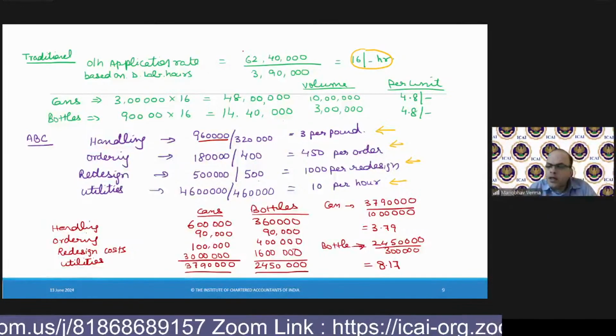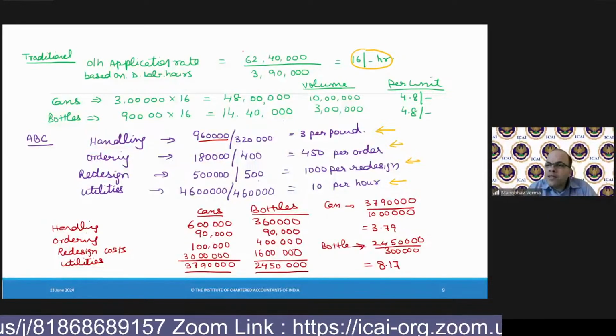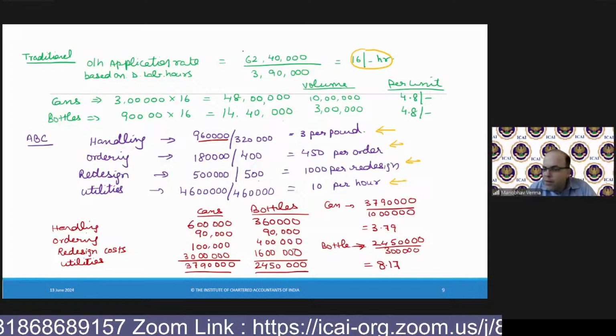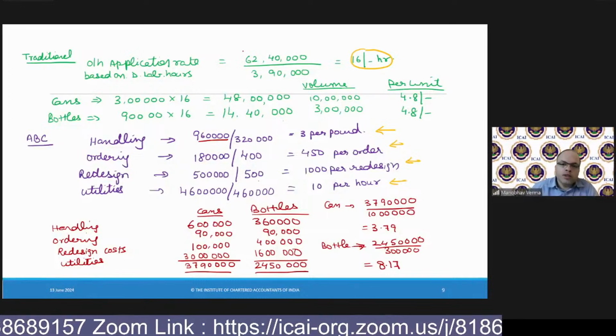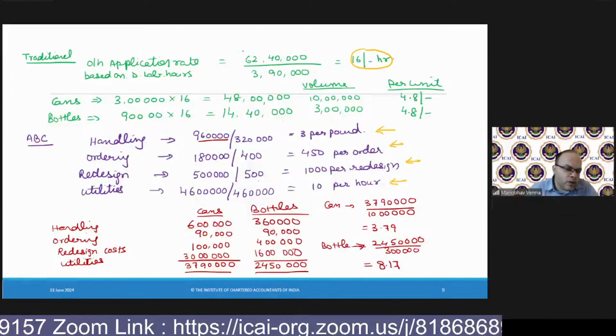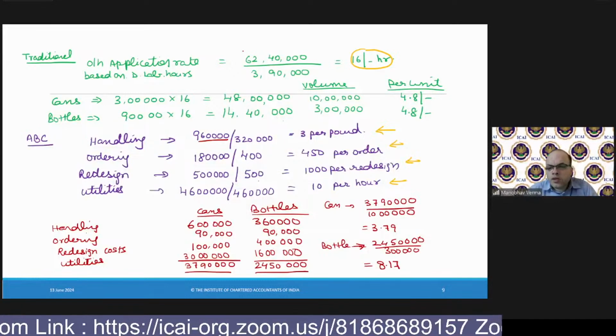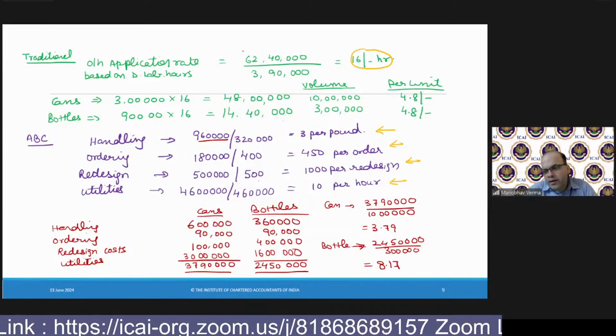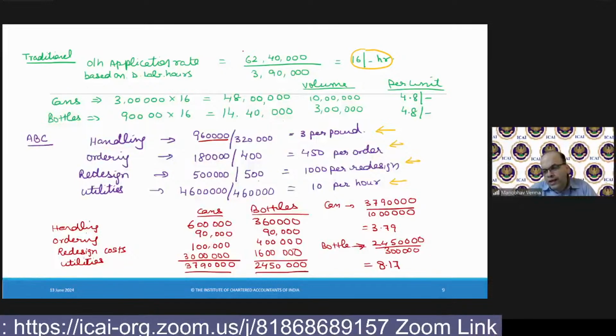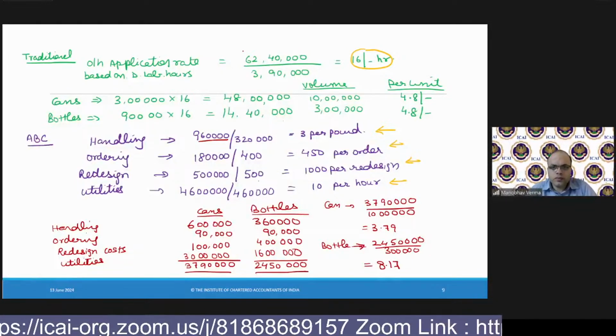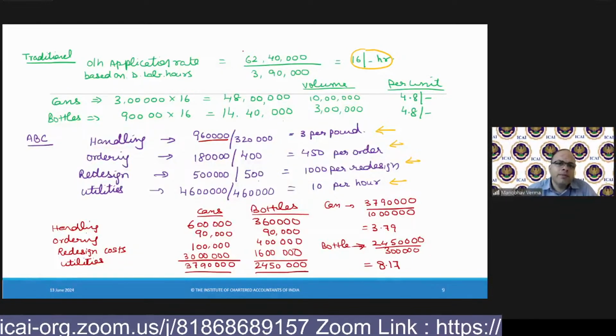That's okay, Hemant. So now is the key part, guys. Compare this. Let me use a different color pen here. Let me resort back to the green here. What was under the traditional one versus 4.8 for cans versus 4.8 for bottles. Do you see a comparison here coming up?